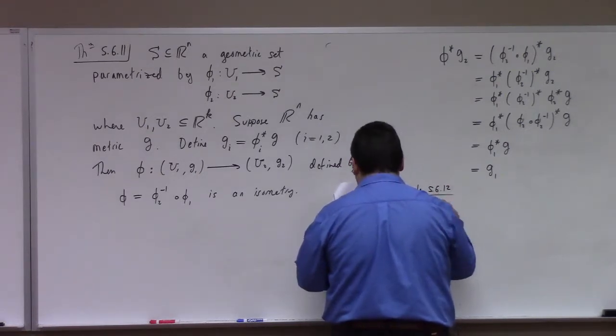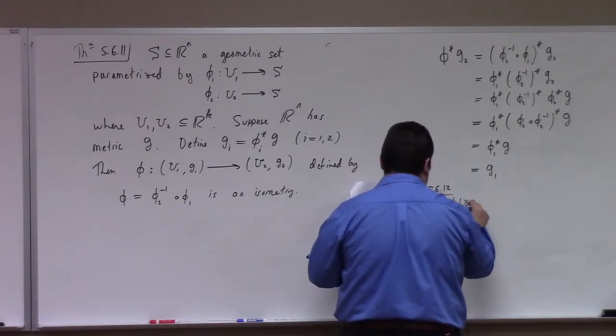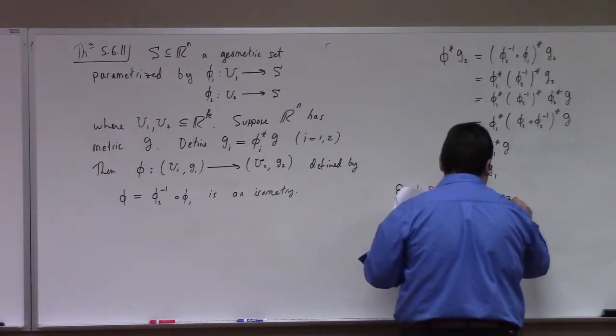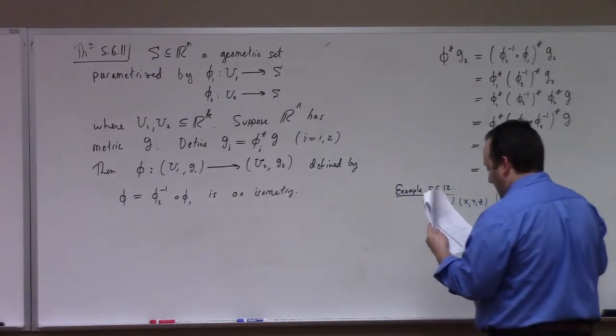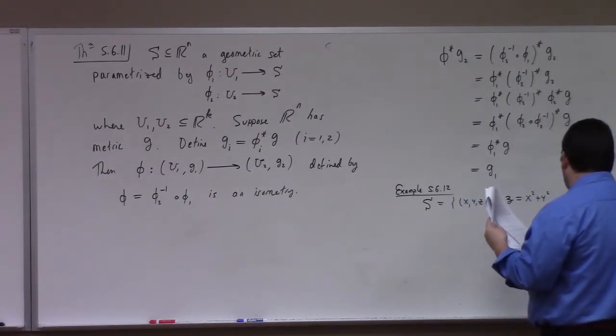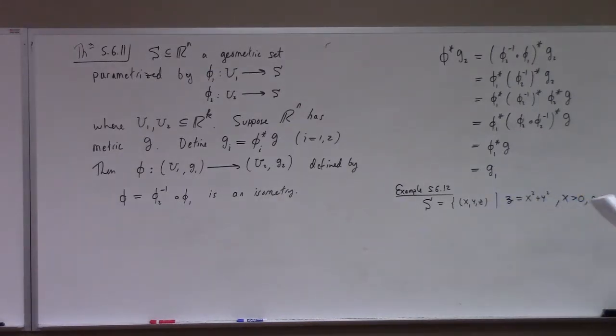The paraboloid, which was the set S, the points x, y, z such that z is equal to x squared plus y squared, and we had 0 less than z less than 1. I guess we just added that to be specific. And so, of course, we can give R3 the usual Euclidean metric, dx tensor dx plus dy tensor dy plus dz tensor dz.